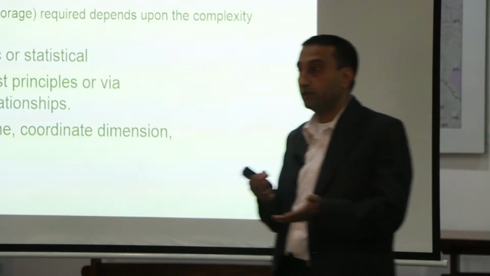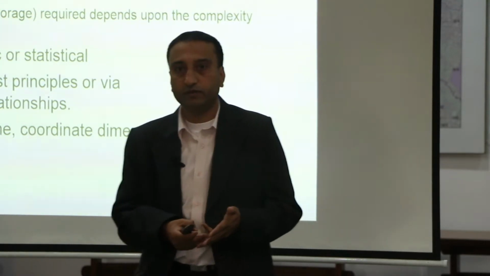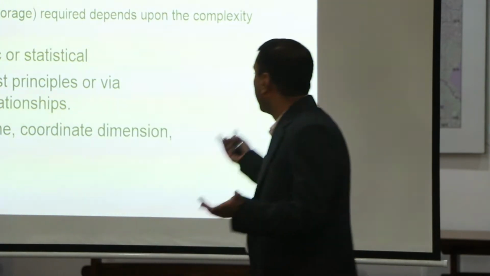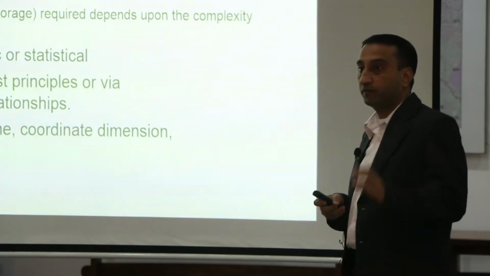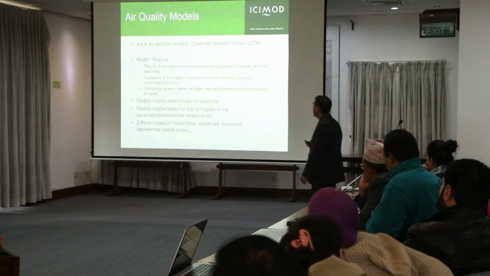How well do you know how much carbon is coming from buses, how much carbon is coming from your brick kilns, your cook stoves, stuff like that. So you can make the model as simple as possible, assuming very simple emissions, simple geography, or make it complicated. Your computing capacity, why you would need 300 computers running simultaneously, is a function of how complex the model is. And they're all running at the same time.